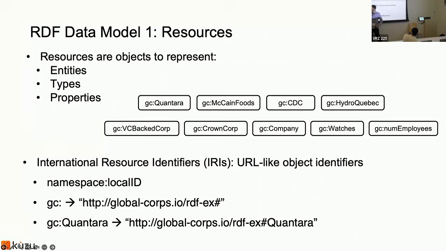In this case, I'll just say GC for a made-up Global Corp, which is the company that I'm assuming is developing this corporate knowledge base. And gc:Quantara is just a shorthand for actually this long URL or IRI, right? But from our perspective, this is just a primary key that is unique per resource that you store, right? So that's the first part of the data model.